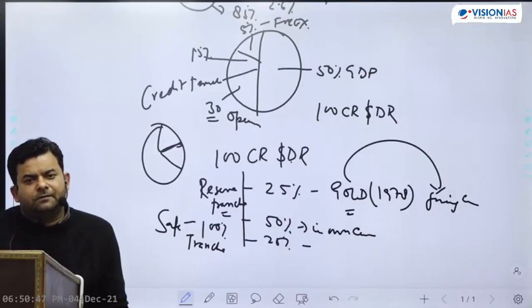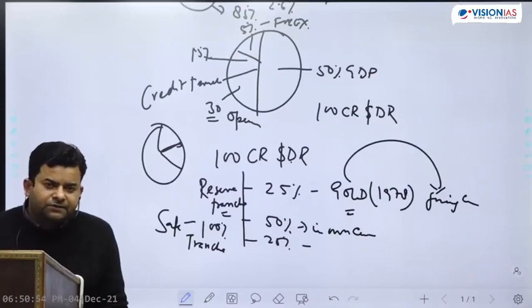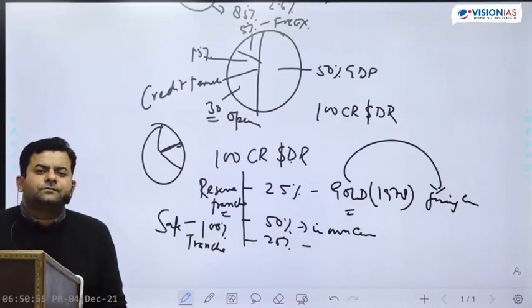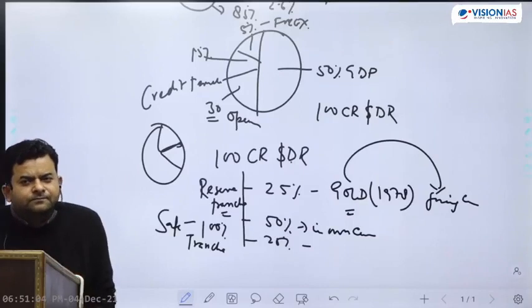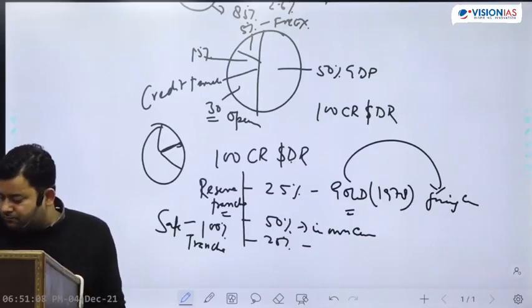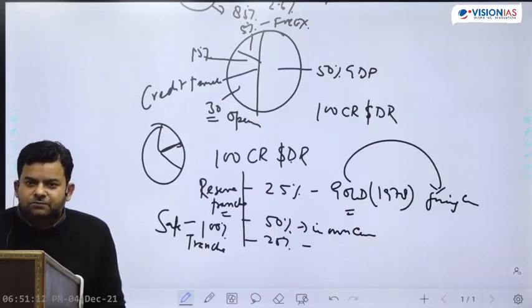For example, India's quota is 2.7% and the voting right is 2.6%. Rounded up figures they are.